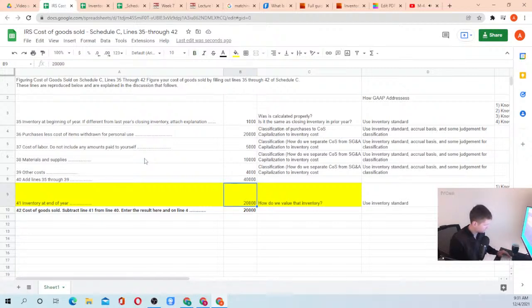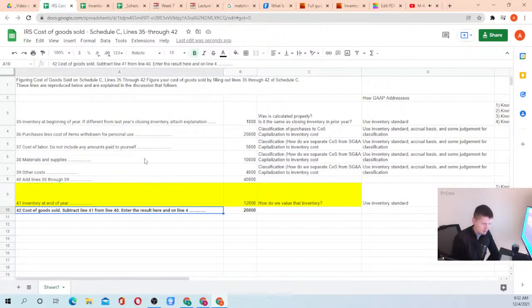Now, if we use LIFO, and let's assume it gives us 12,000 of inventory, our cost of goods sold is 28,000. So LIFO is very good for taxes because it increases your cost of sales and it decreases the value of your inventory.